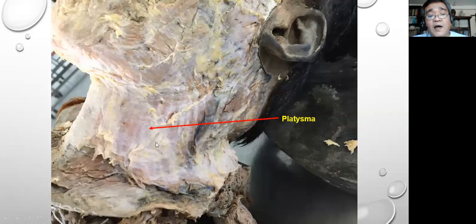Okay. This is your platysma. Platysma is a flat muscle running on the superficial fascia of the neck. It originates from the deep fascia covering your pectoralis major muscle as well as the fascia that covers the deltoid. There are actually 2 sheets of platysma, one on the left, one on the right.